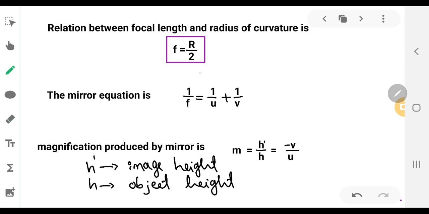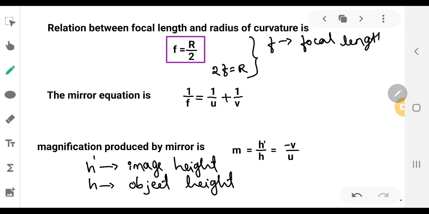Otherwise you can write this as 2f is equal to r, where f is focal length and r is radius of curvature.